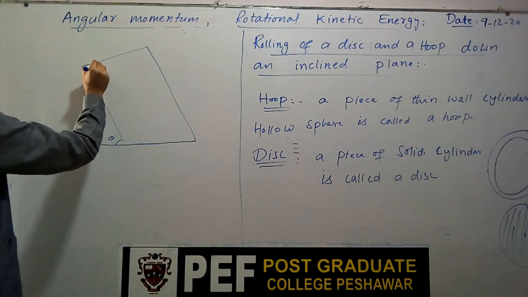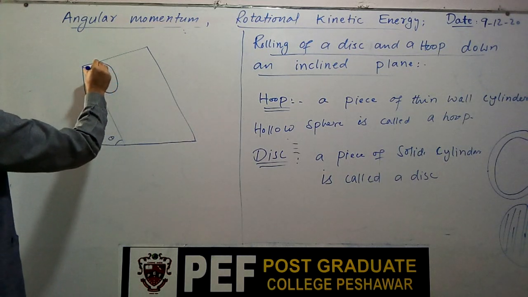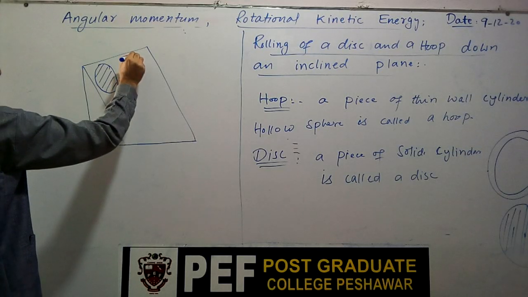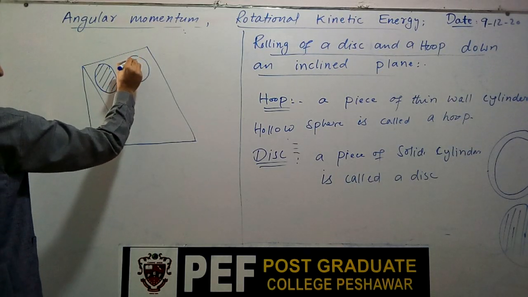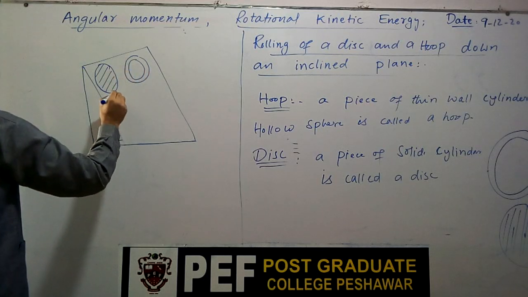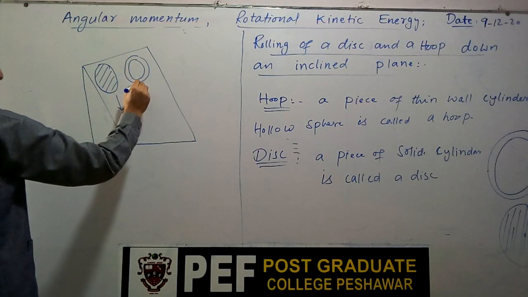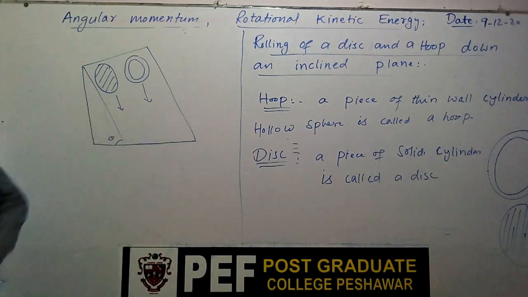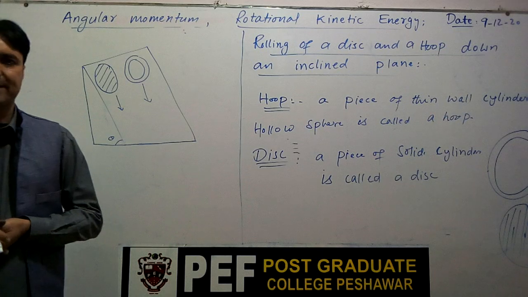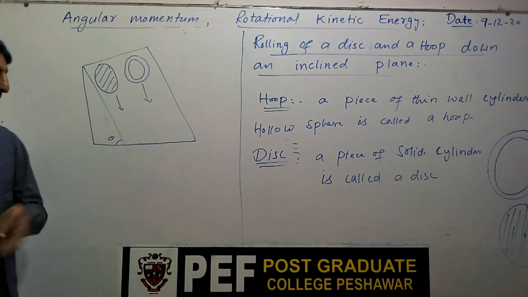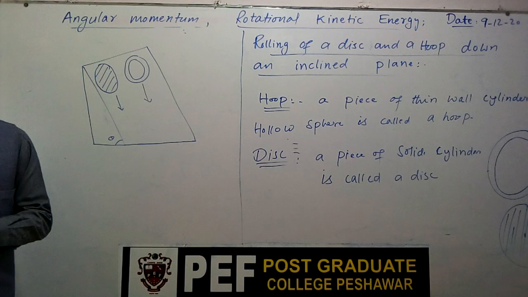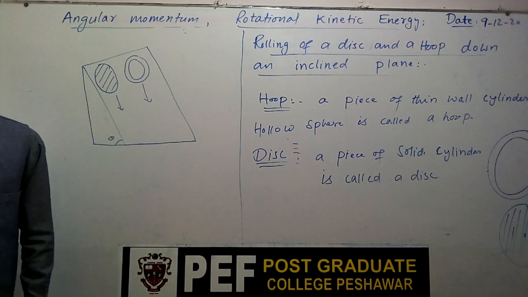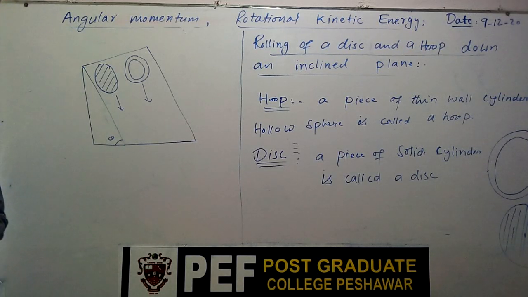This is a solid disc, and say suppose this is a hoop. When these two roll down, which one will reach the ground first? For this we have to calculate the rotational kinetic energy and then the total kinetic energy of the disc and hoop. From that we can calculate the velocity of the hoop and disc. So first of all, let me perform the calculation for the disc.